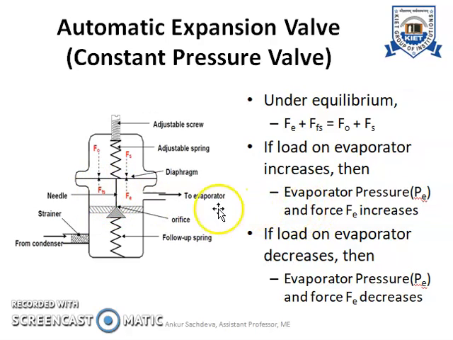Then Fe will be more than the force due to the spring acting from the top, and hence the valve will move in the upward direction, and the flow of refrigerant to the evaporator will decrease.